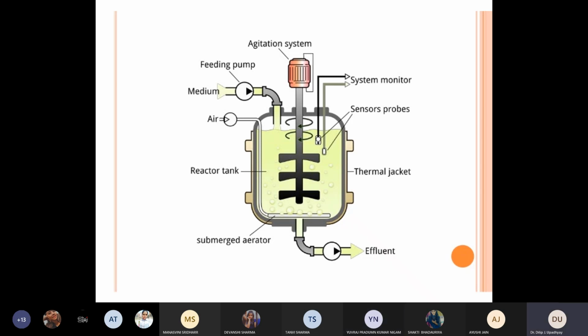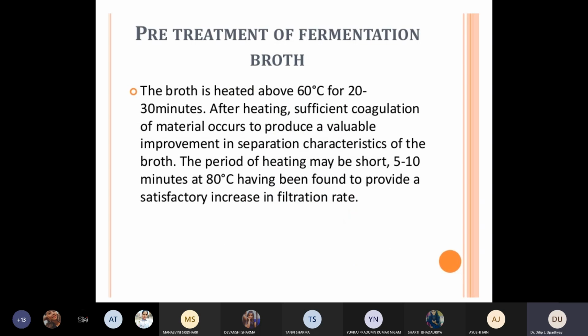I try to make it as simple as possible. Okay, please read this. Pre-treatment of fermentation broth.